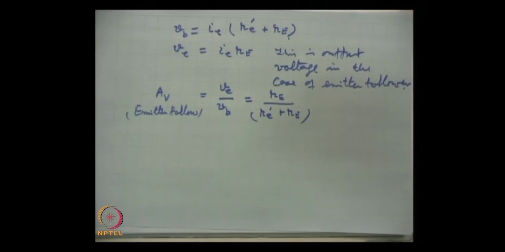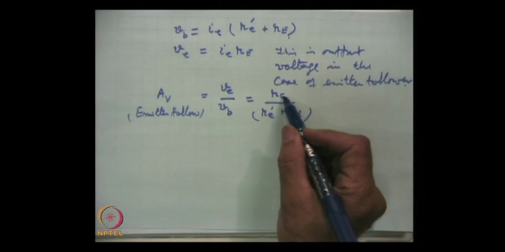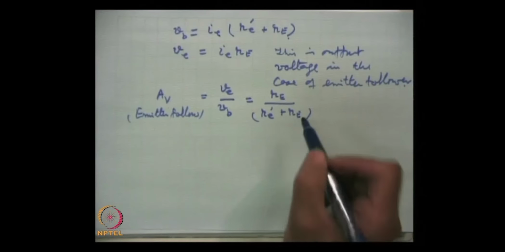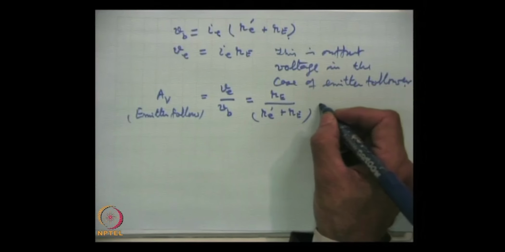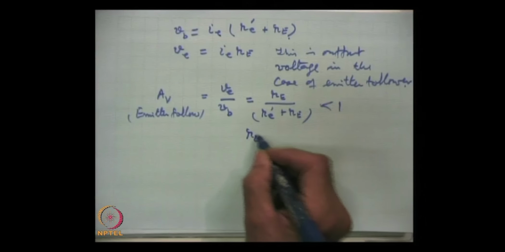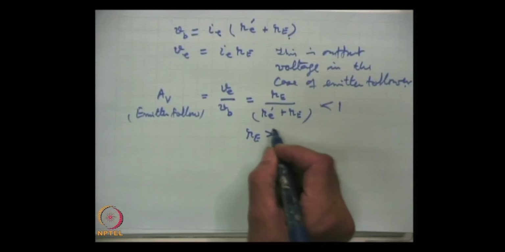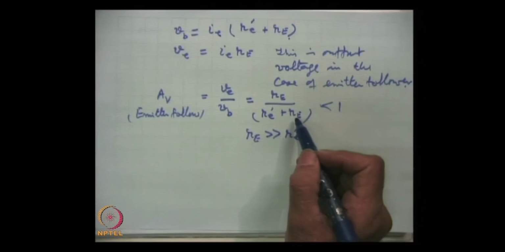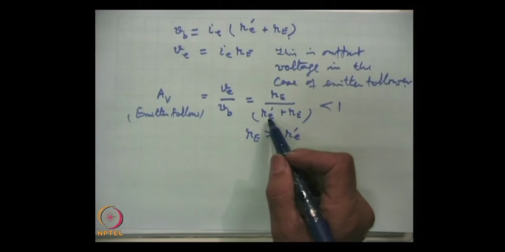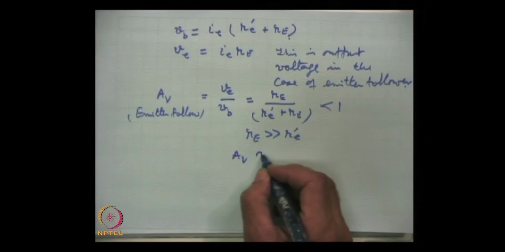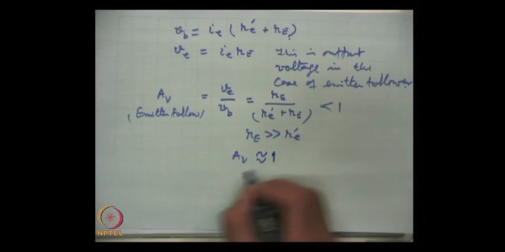What does it say? This is less than 1, but because R E will be very high in comparison to R E prime, this may be 1 kilo or so, and R E prime is hardly 10, 20, 30 ohms, it will be very small, we can drop it. In that case, the voltage gain is very close to unity.